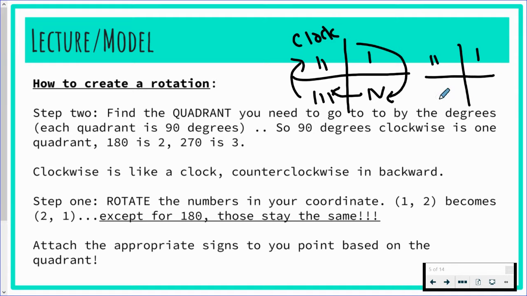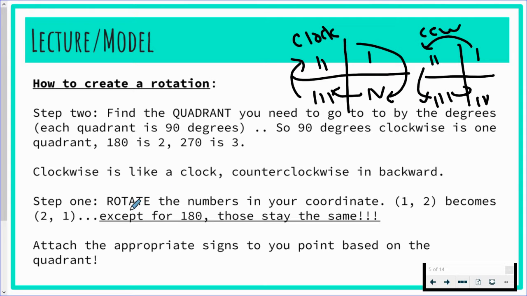Counterclockwise is how the quadrants go, from 1 to 2, 2 to 3, and 3 to 4. So we have clockwise and counterclockwise. I'm just going to write CCW for counterclockwise.